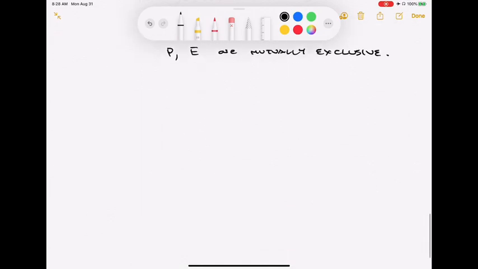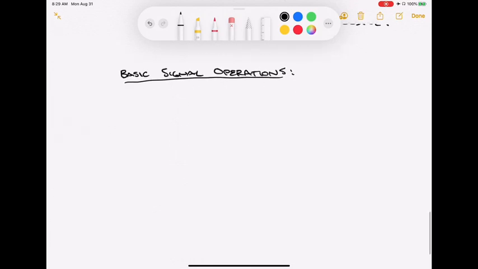Okay, we're going to switch gears again. This is all going to be under basic signal operations. We know what a signal is. We found one way of classifying signals according to their size, energy, and power, and now we're going to talk about some basic signal operations. There is a set of operations, and so let's talk about operations on what is called the dependent variable.